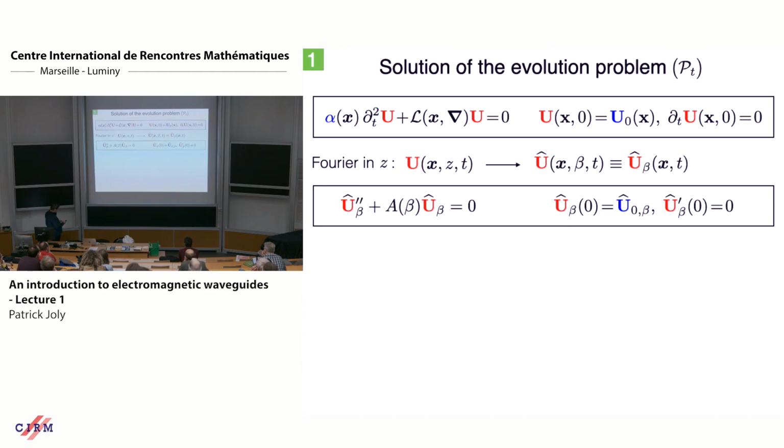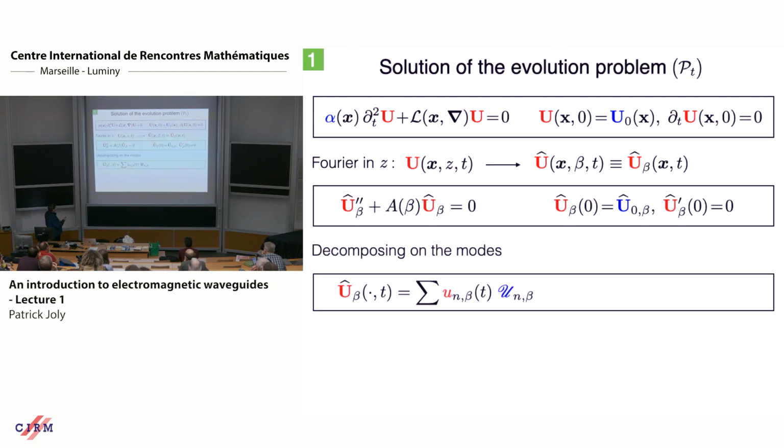And to compute the solution, you can expand the solution on the basis of the eigenfunctions. So you have only the coefficients, which are real valued, to determine. And each of the coefficients, of course, simply solves these differential equations, where you make appear the eigenvalues of A of beta.